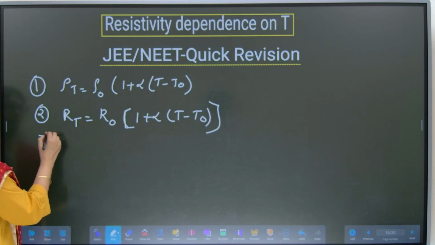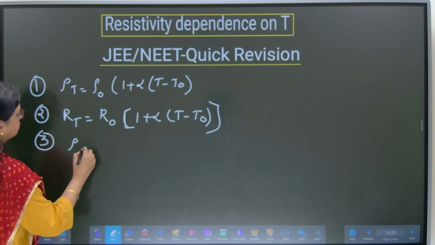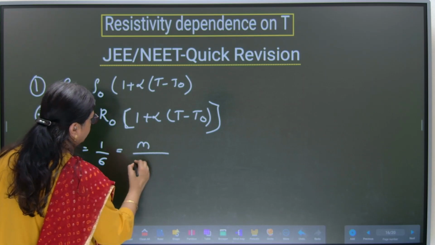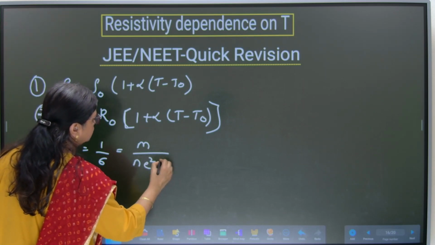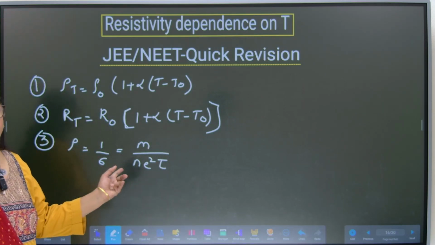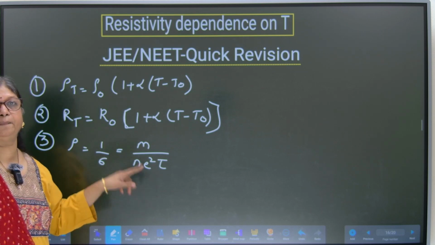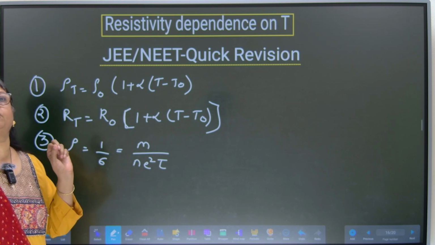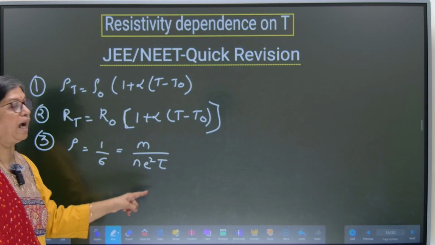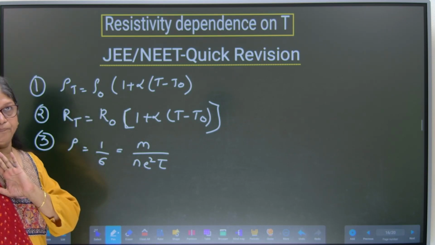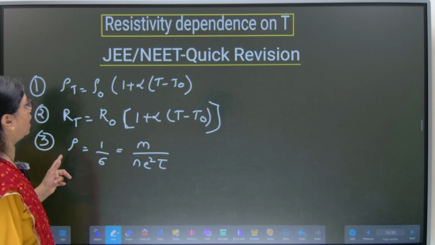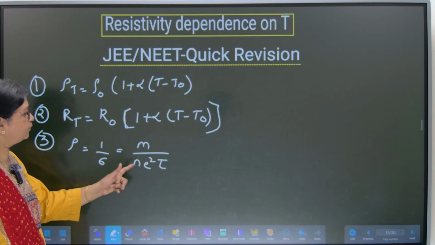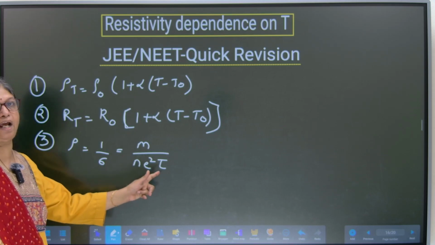Then we have also used rho is equal to 1 upon sigma, which is equal to m upon n e square tau, which we have derived in the previous video, where m and e are the mass and the charge on an electron, n is the number of electrons per unit volume of the material, and tau is the relaxation time. Now in this formula you can see that resistivity is inversely proportional to both n and tau.